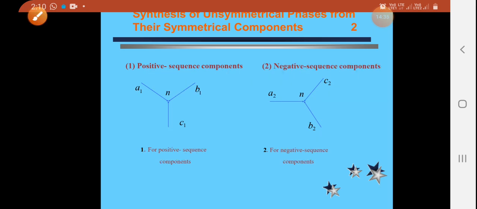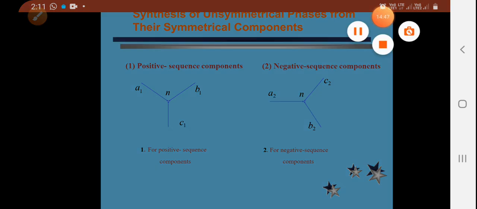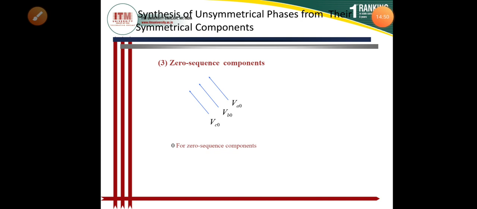So now we have discussed the positive sequence component and the negative sequence component. Now coming to the zero sequence component. See the figure, this is the zero sequence component phasor diagram.